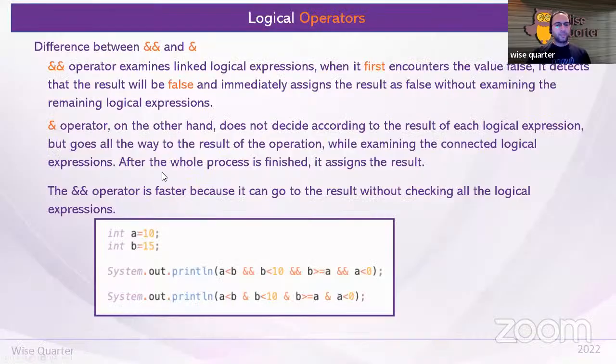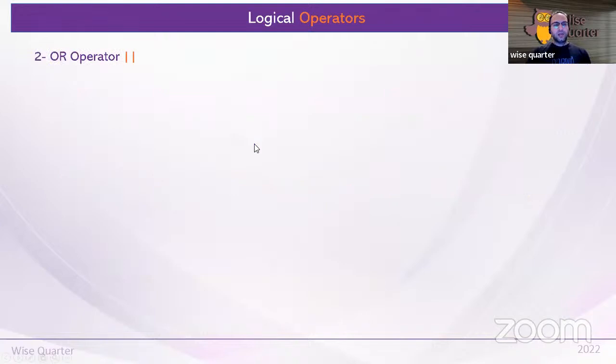Okay, and let's continue. We have also the OR operator. It is a little different. This one is a very relaxed one. Let's say you have done a lot of wrong things, but there is something true in your life. That truth will change everything, and it will make your life true.